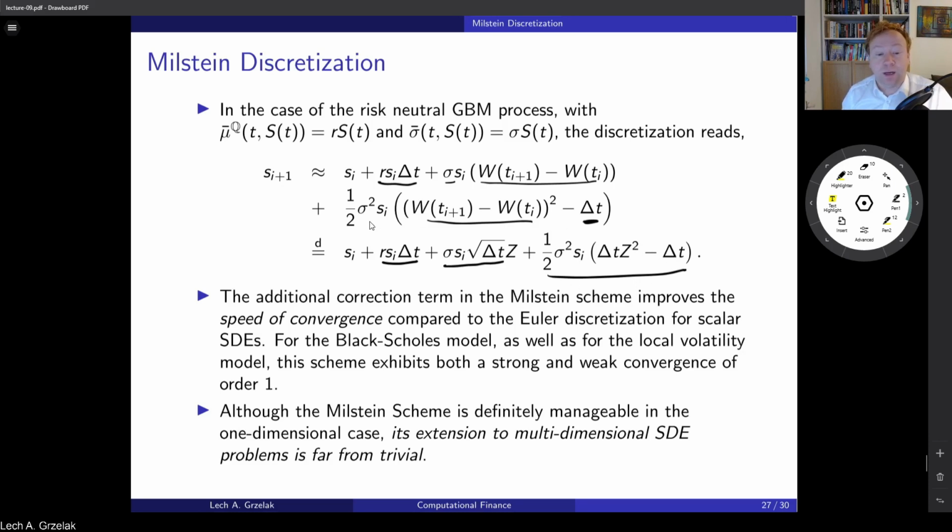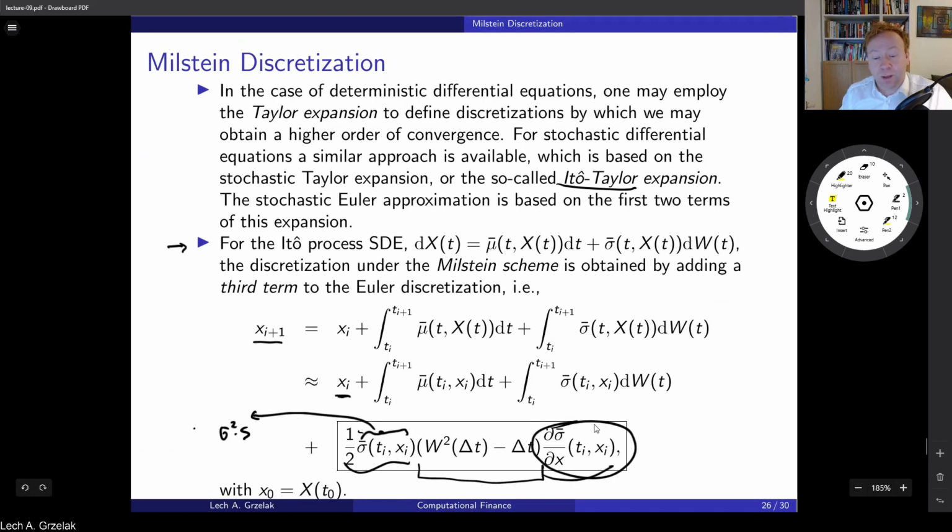This technique can be applied also for more processes, but unfortunately, the derivation of this derivative is allowed in closed form only for rather simplistic models. So if we have models involving multi-dimensions, where volatility involves also stochastic volatility or even higher dimension, then this derivative could be very difficult to derive analytically.